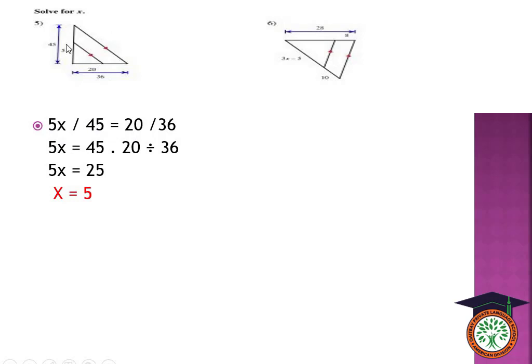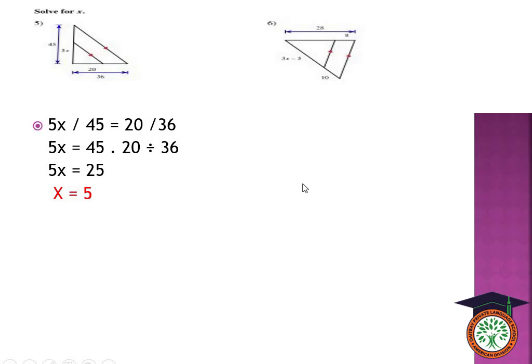So here we start with 5x over 45. So I will say very good, 20 over 36. I can say 36 over 20. So 20 over 36. Let's simplify here by cross multiplication. 5x here equals 45 times 20 divided by 36. 5x equals 25, so dividing by 5 both sides, the value of x here equals 5.